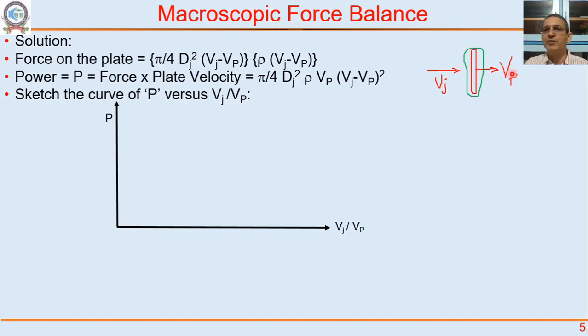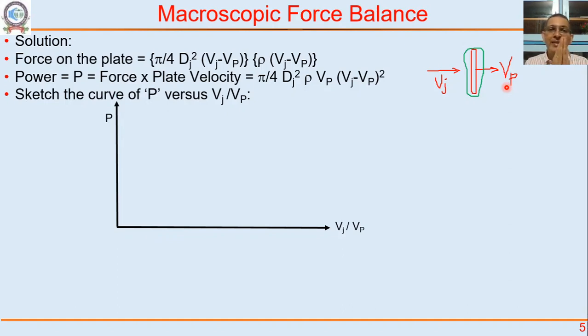This train is going at a velocity Vp, if you like, and you are running at a rate Vj, and the only way you will be able to get inside this train is if Vj is greater than Vp. That means your velocity relative to the train velocity is what matters when you are trying to catch the train.